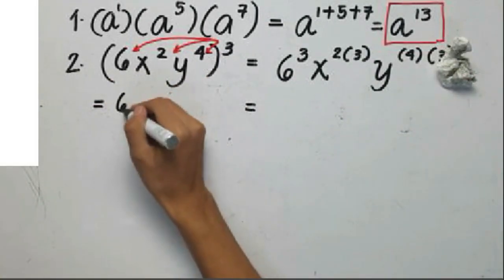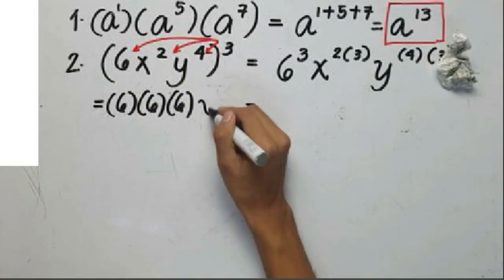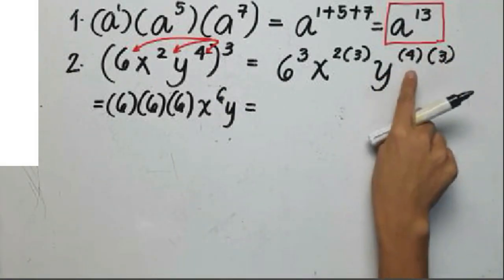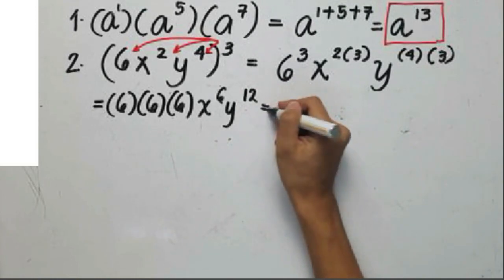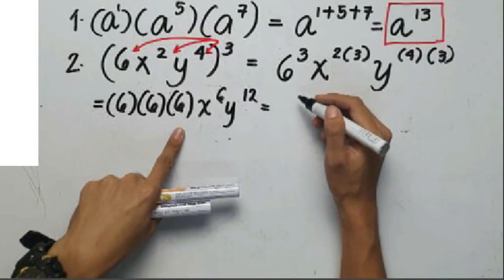So, 6 times 6 times 6 tapos x raised to 2 times 3, 6, y raised to 4 times 3 is just equal to 12. Or 6 times 6 is 36 times 6.